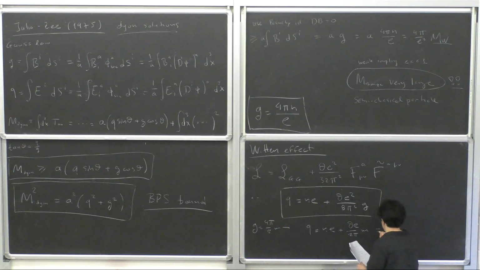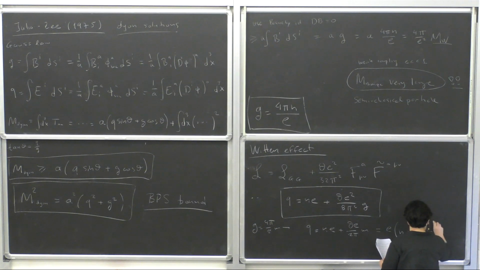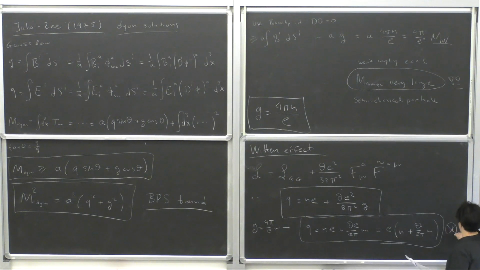Maybe I will write it slightly nicer. Yes, so this is a very beautiful equation, and I will give it a name. I will call it star because I will use it in a second. So what happened is that in the presence of a CP violating theta angle, the electric charge got shifted by something that is related to the magnetic charge.